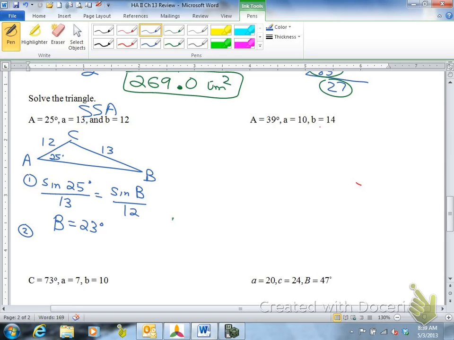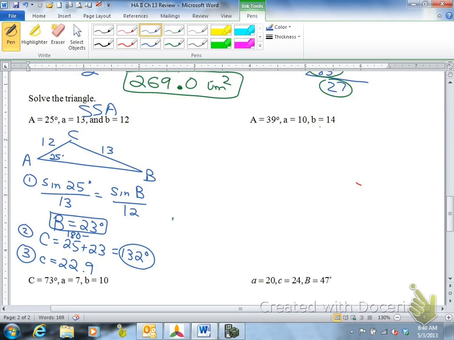Angle C would be 180 minus 25 plus 23. So what's that? 132? So there's angle C, there's angle B, and then what did you get for side C? 22.9 units, whatever it is.